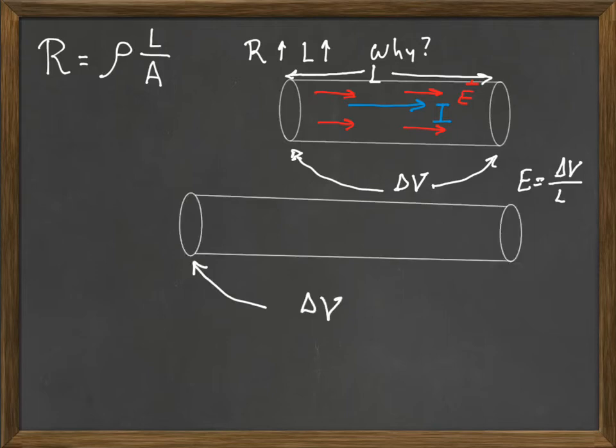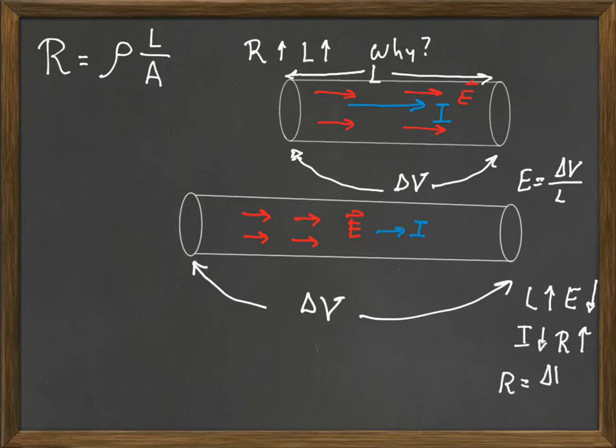So if everything else is the same, you leave the area of the wire the same, the difference in potential delta V is the same, but you just make the wire longer, notice that the electric field, since it depends on the length of the wire in the denominator, with a longer length, the electric field decreases. As L increases, the electric field decreases.